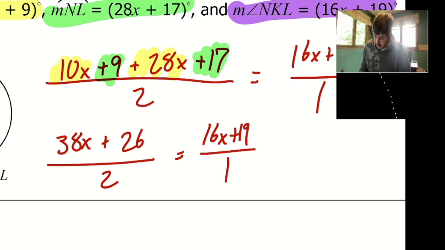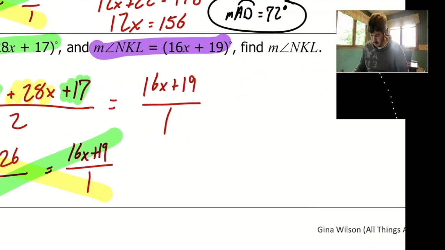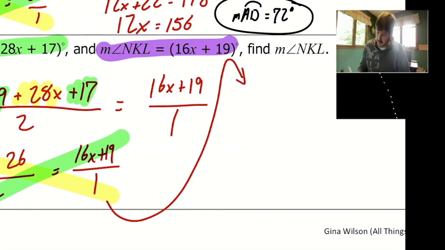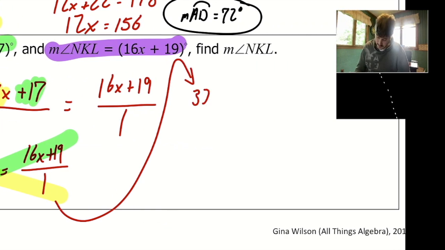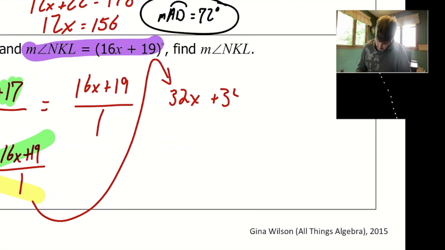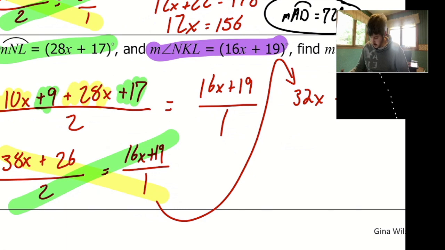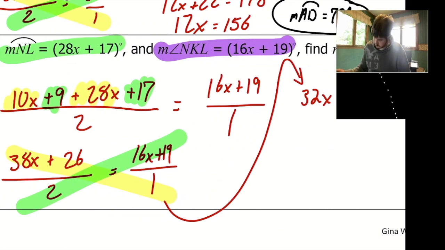Now I'm going to choose to cross multiply. So that's going to become, I'm going to double 16, so 32x, double 19, which is 38, is equal to 38x plus 26.